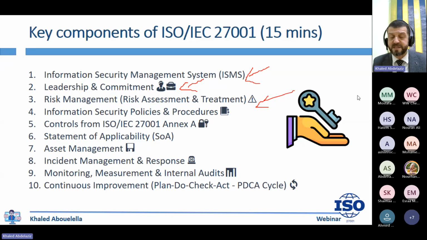That is a risk assessment. Then analyze and evaluate the potential threats and vulnerabilities, then implement risk treatment measures, for what? To mitigate the risks identified in the risk assessment.